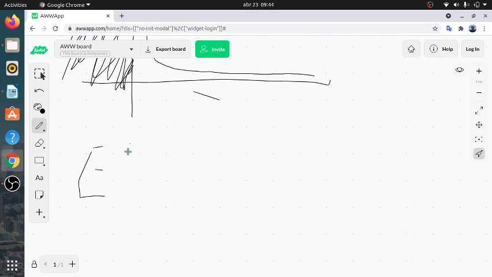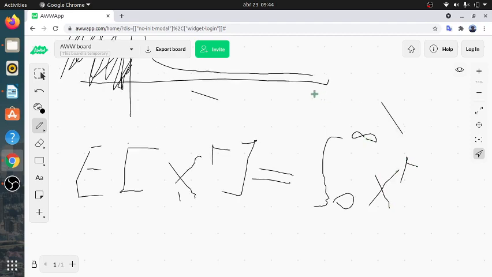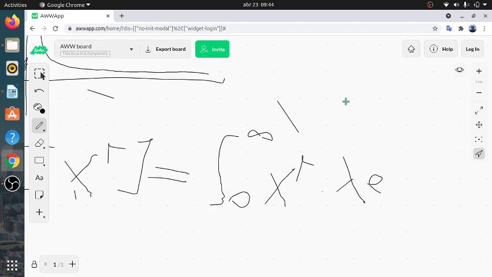The expected value of x to the power of r is equal to the integral from 0 to plus infinity of x^r, which was the composite function, times lambda e to the power minus lambda x, and because this is an integral, don't forget the dx.